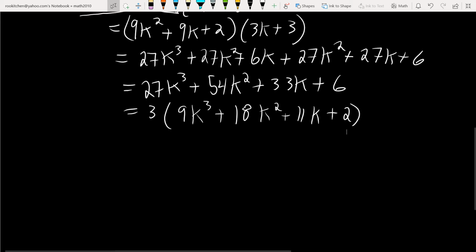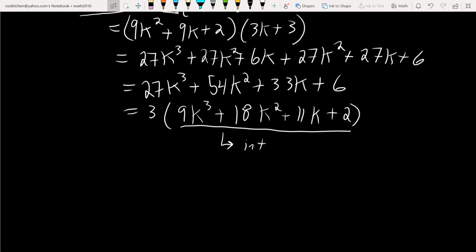This thing right here is an integer from what we were doing in the last section. It's closed under multiplication and addition and all that jazz.